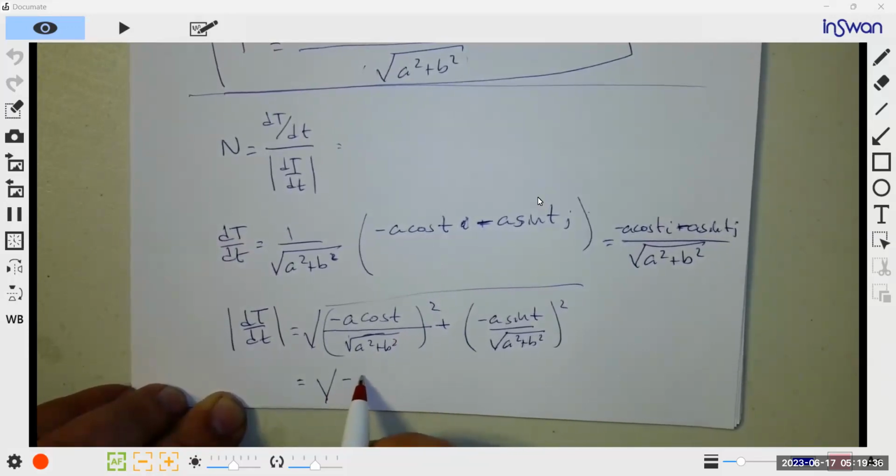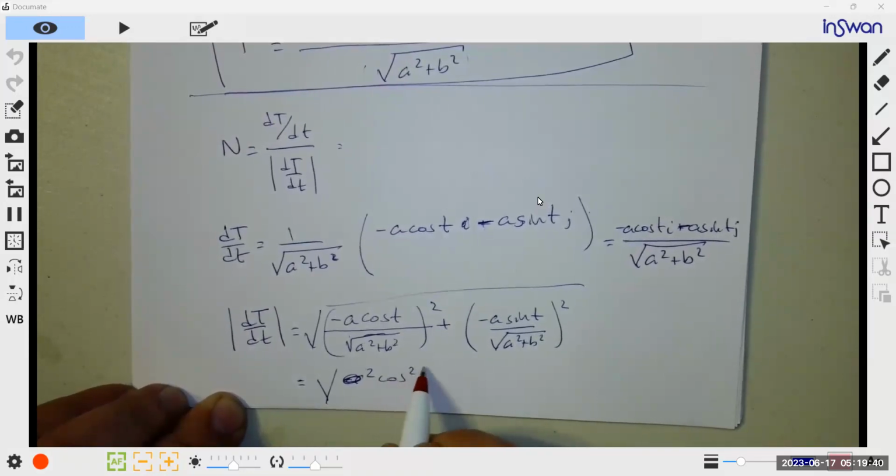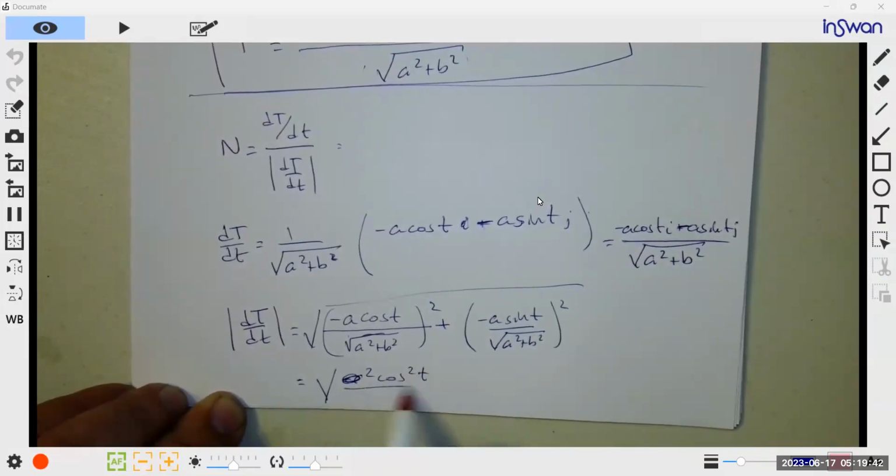So it's negative, that's going to be a positive a squared cosine squared t over just a squared plus b squared. Same thing with the other one, a squared sine squared t over a squared plus b squared.